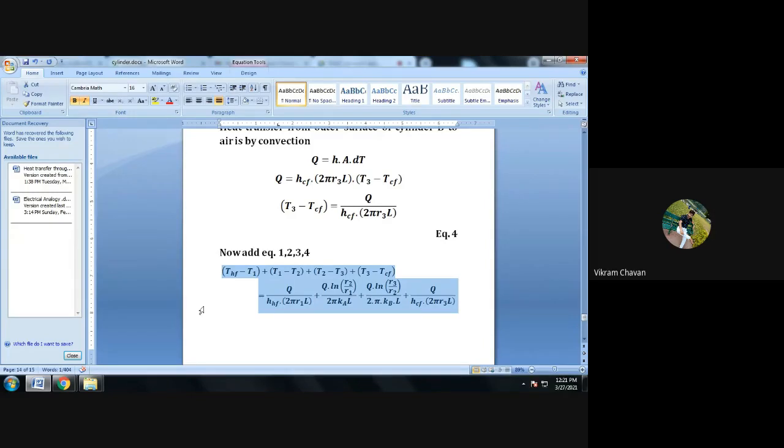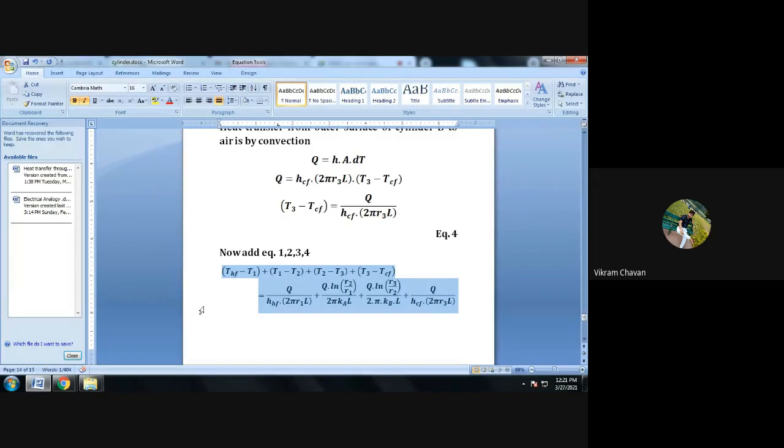We have added all the 4 temperature distribution equations, adding all the temperatures on one side and the other terms on the other side: left hand side to left hand side and right hand side to right hand side.